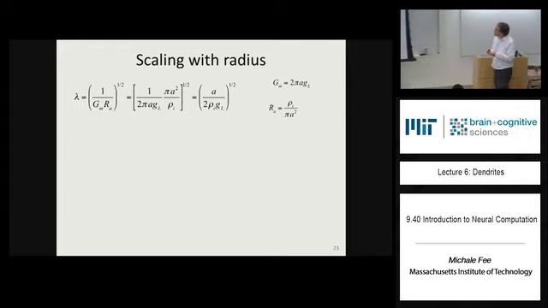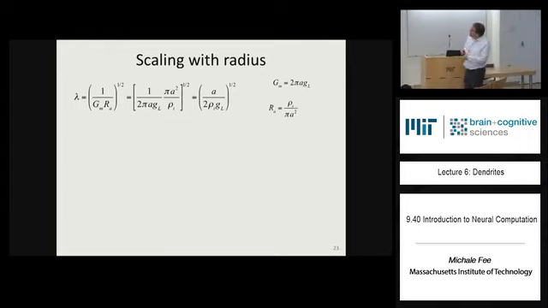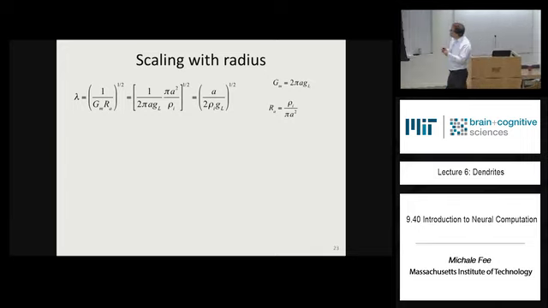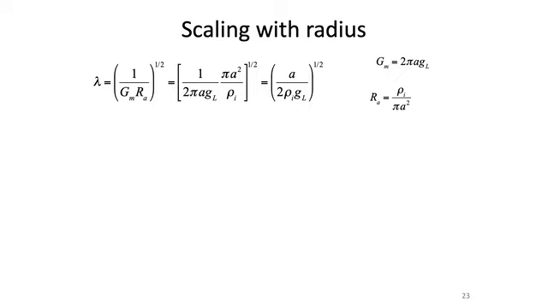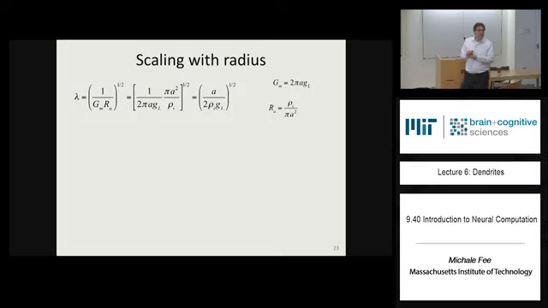Okay, so now let's plug in the expressions that we derived for conductance per unit length and axial resistance per unit length of A into this equation for the space constant. And what you find is that the space constant is A divided by 2 times the resistivity times the membrane conductance per unit area, to the 1/2. So it goes as the square root.